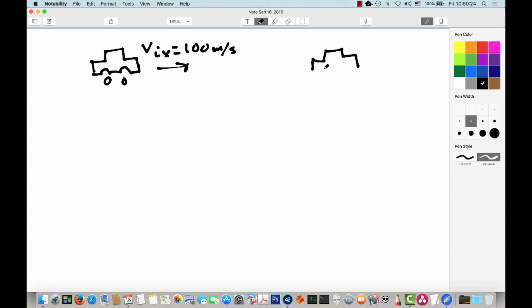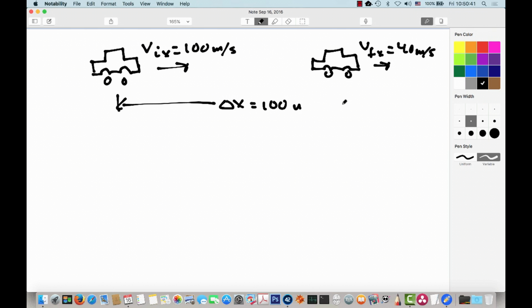Okay, so they're giving me the final velocity there. V final x equals 40 meters per second over 100 meters. So they've given me the displacement. Delta x equals 100 meters. What is the acceleration?